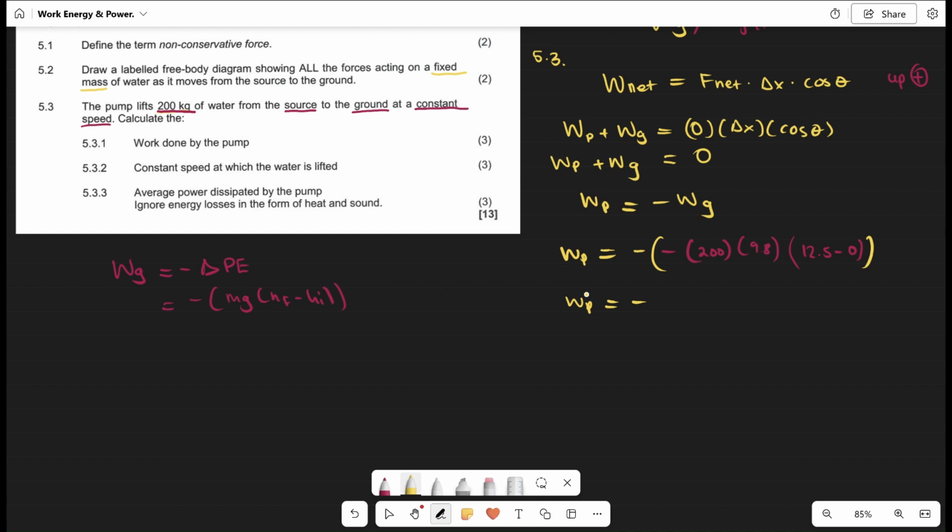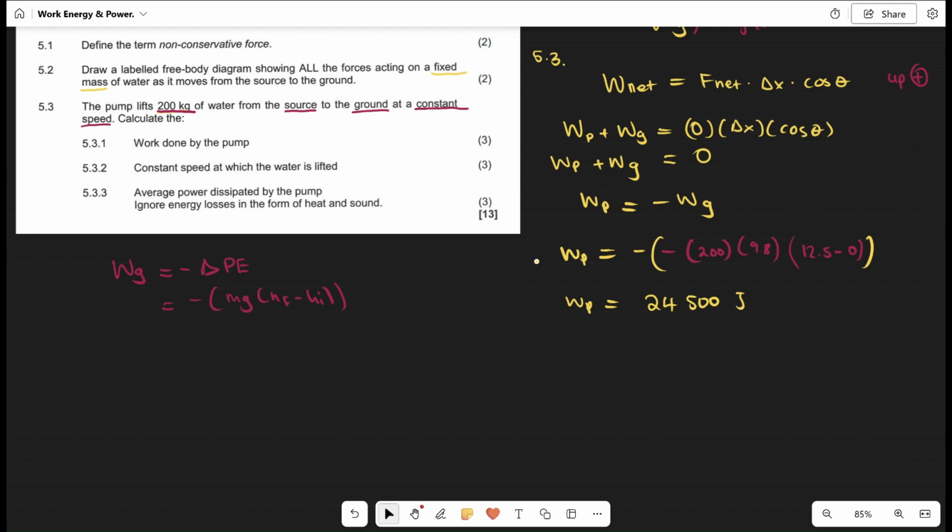So this is 24,000. Actually, it's positive 24,500 joules, right? So this is the work done by the pump.